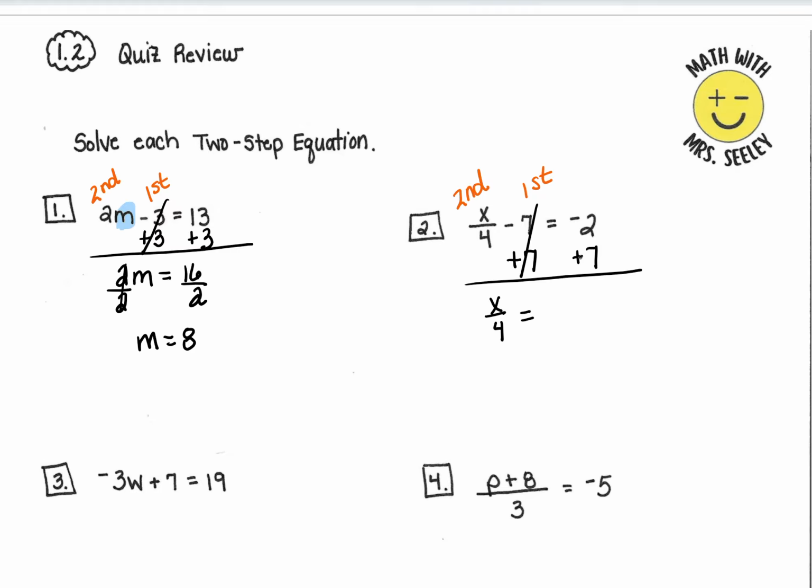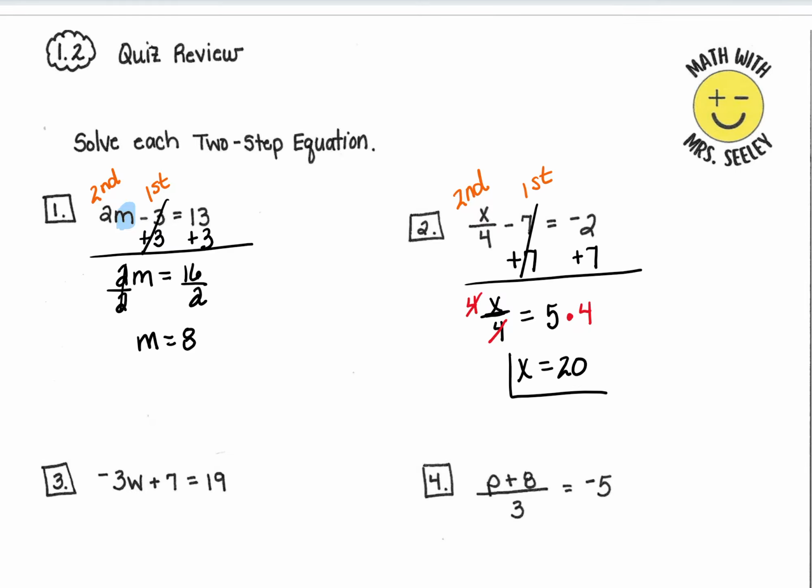And negative 2 plus 7 is 5. And now that 4 is in the denominator or being divided, so therefore we need to put a 4 in the numerator, or we need to multiply. But what we do to one side, we do to the other side. That way the 4 that's multiplied and divided cancel with each other, and x is equal to 5 times 4, which is 20.